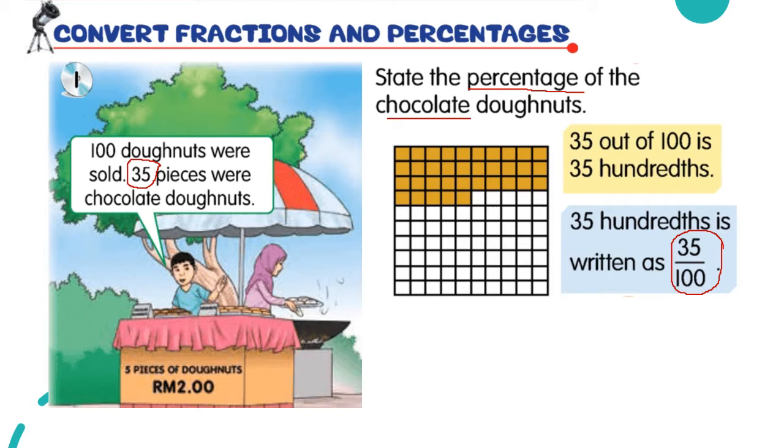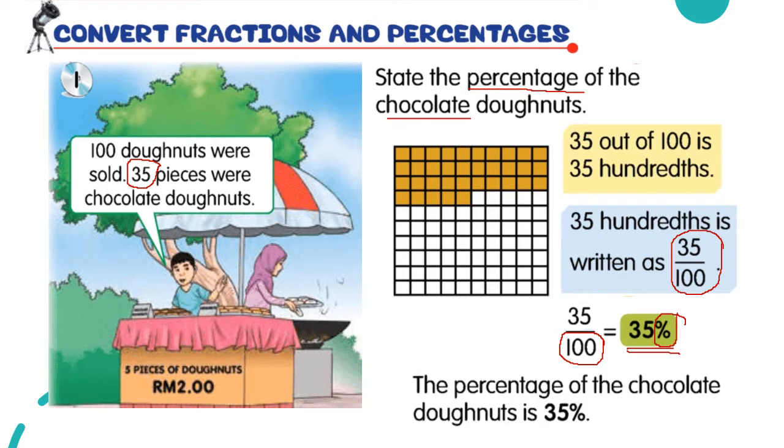If a number is already over 100, like in this case, 35 over 100, we can put 35%. This is the sign of percent. So the percentage of chocolate donuts is 35%.